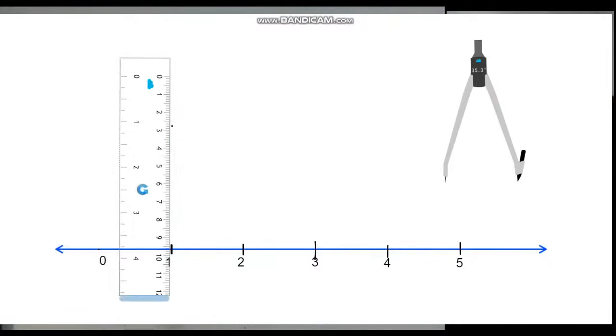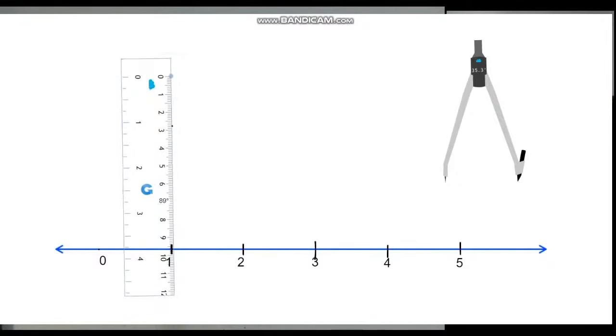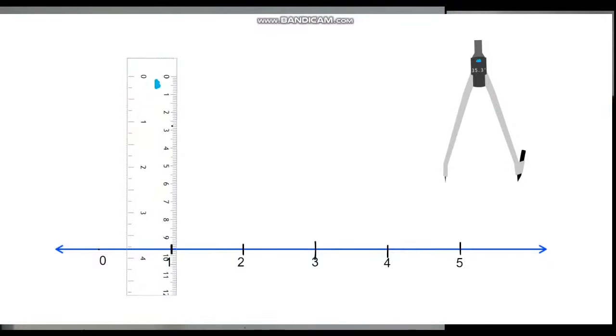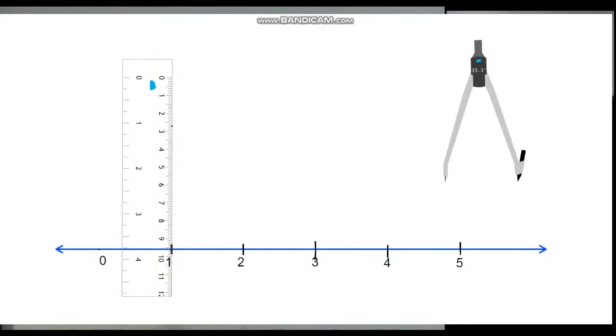Draw this figure carefully. Okay, draw this perpendicular line segment.